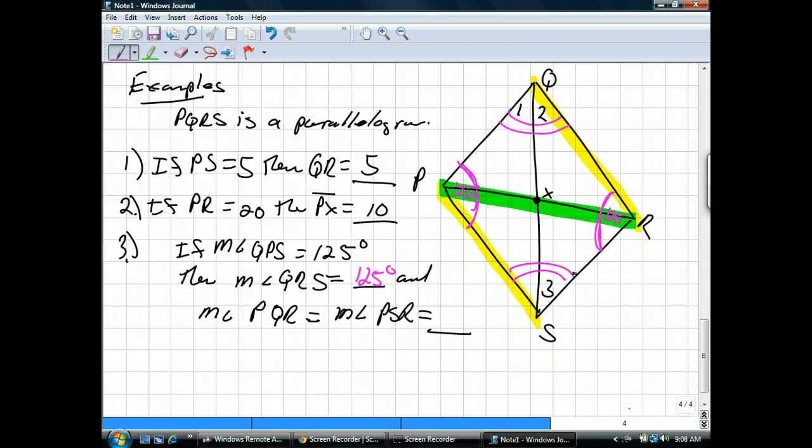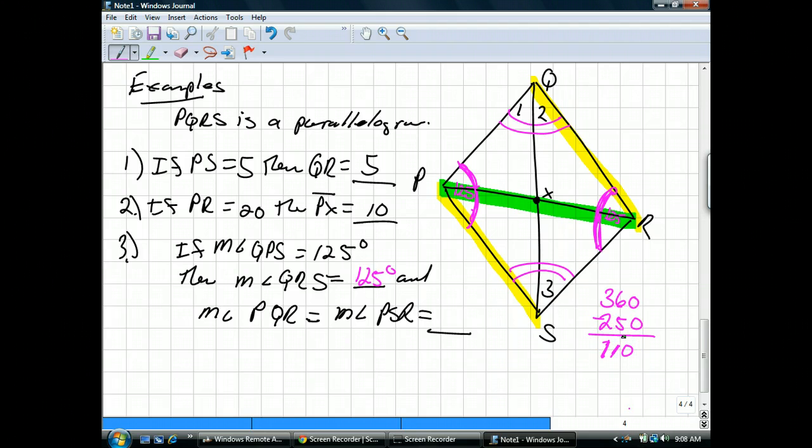And we know this is a quadrilateral, so we know that the measure of the interior angles is 360. And we know that this angle and this angle are both 125, so that's 250. So if I subtract 250 from 360, we get 110.